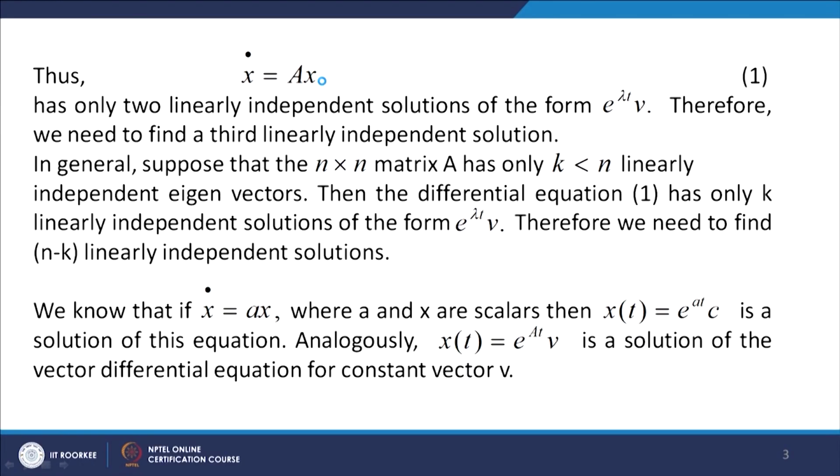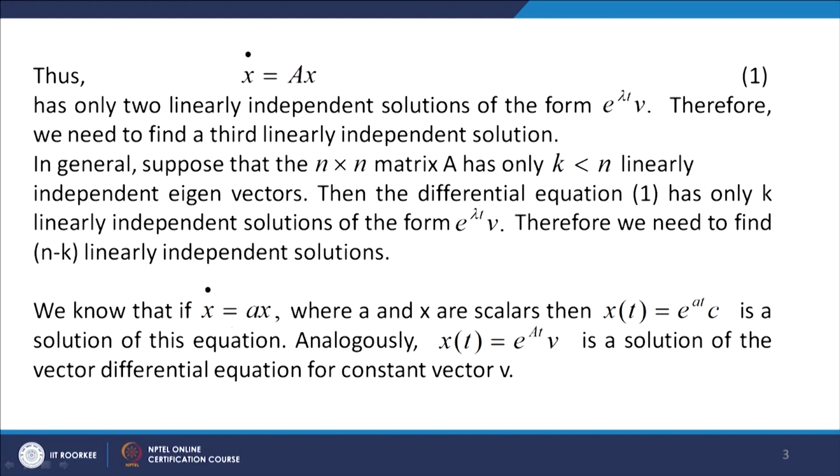In general, suppose that the n by n matrix A has only k less than n linearly independent eigenvectors, then the differential equation x dot equal to Ax has only k linearly independent solutions of the form e to the power lambda t into b. Therefore, we need to find n minus k more linearly independent solutions in order to write the general solution.